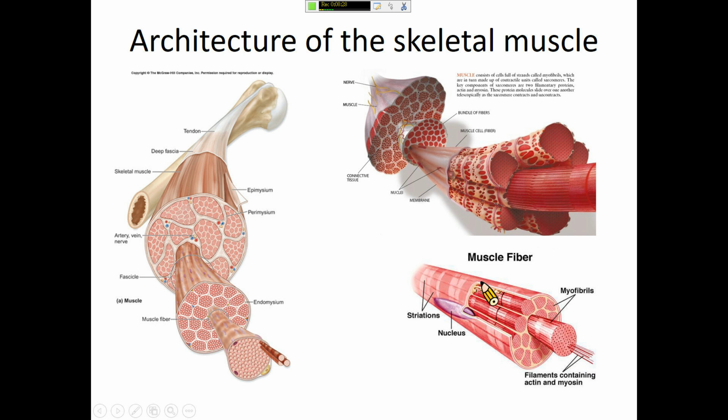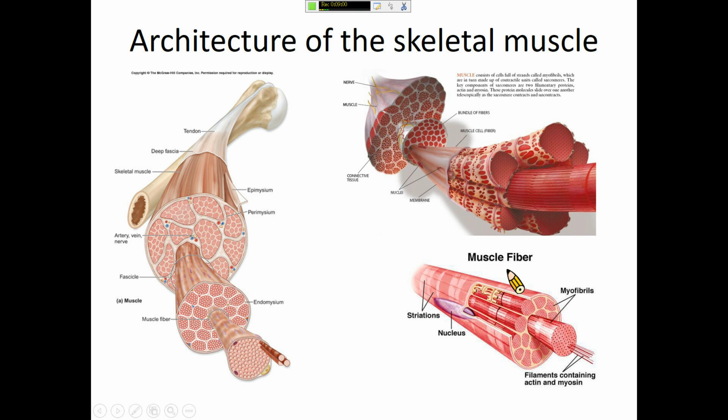Since this is a muscle fiber, actually a muscle fiber is a type of cell. Okay, and we know that a cell consists of nucleus plus some other components.